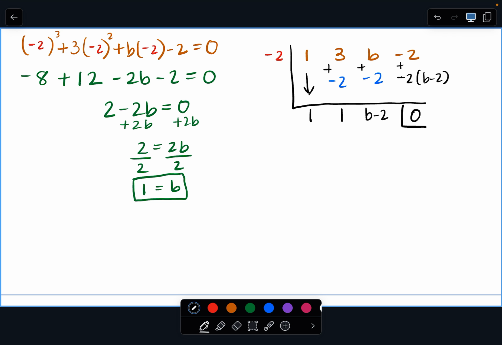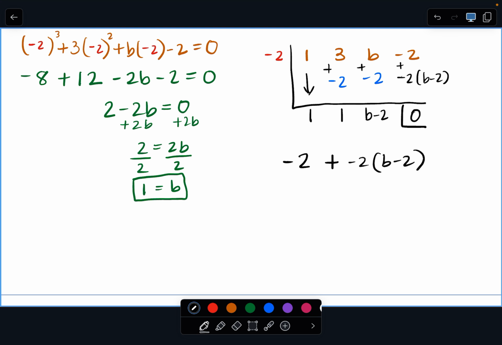Now, if you wanted to distribute at this point, you can. You can make it negative 2b plus 4. That is completely fine. But what we're really going to be setting up for solving is this last column. Because normally we would add these two things together, we would get our remainder. So normally I would have negative 2 plus negative 2 times b minus 2.